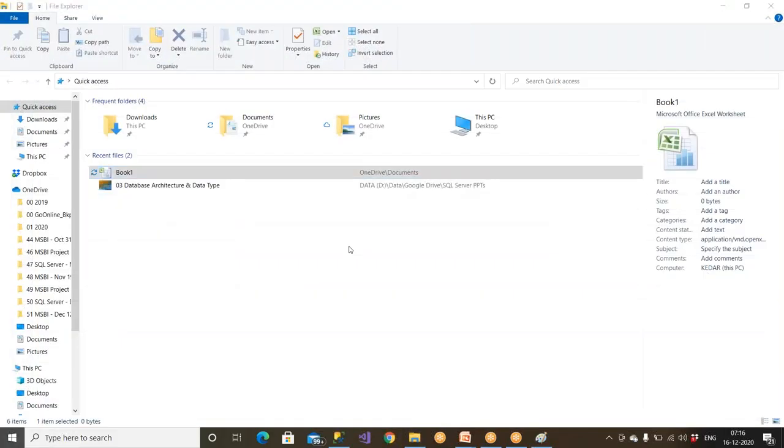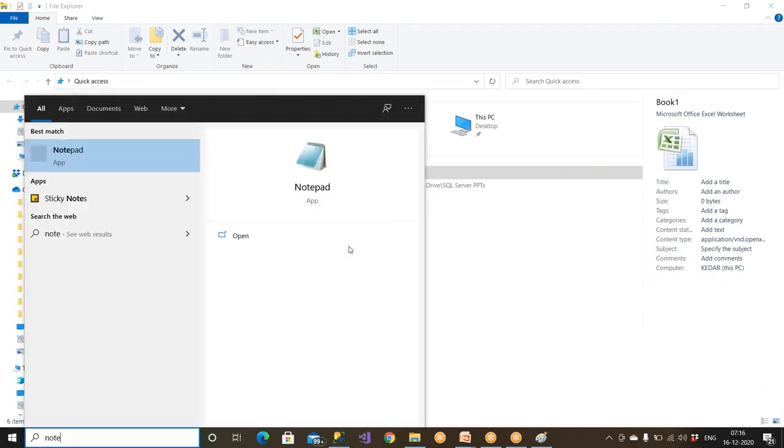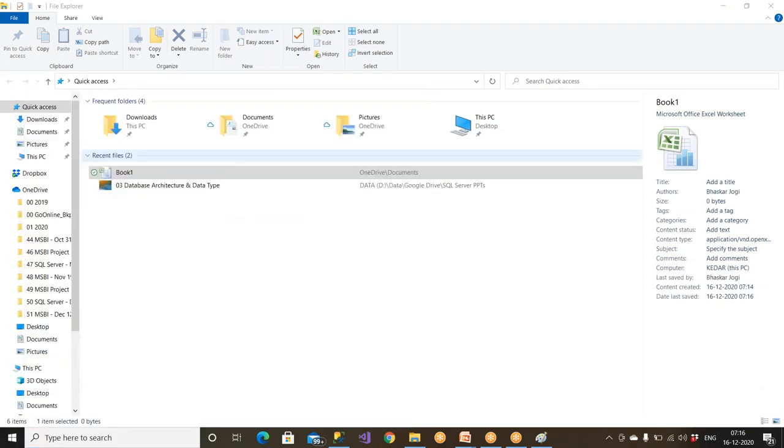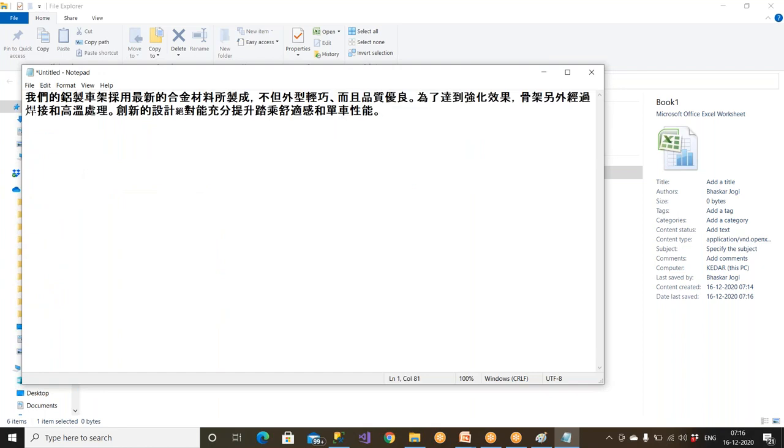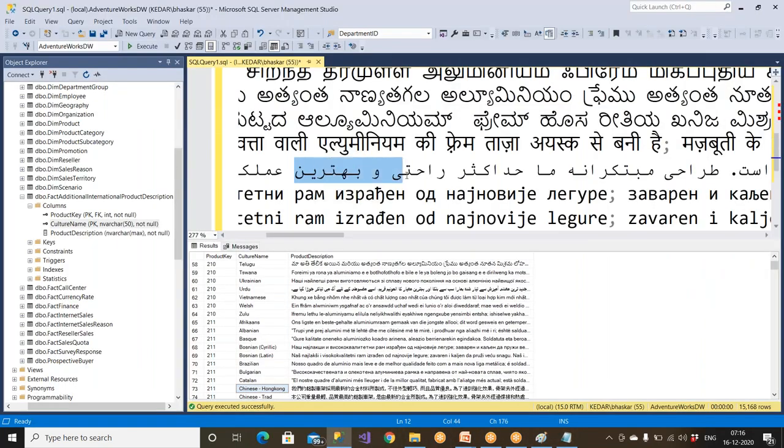But if you take Notepad, Notepad is called a flat file or a text file. Let me store some data here, and let me have some data in English. Let me take this data as well.